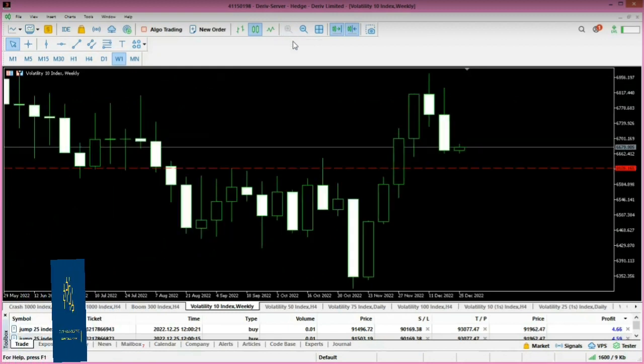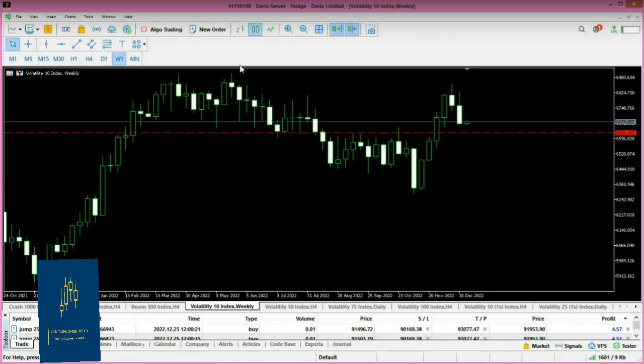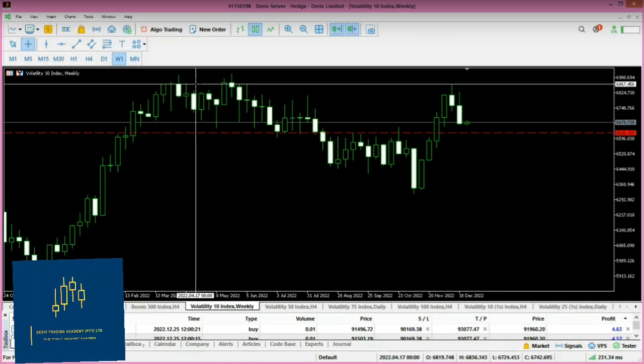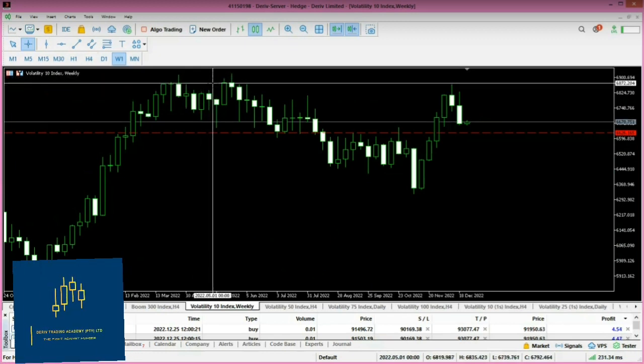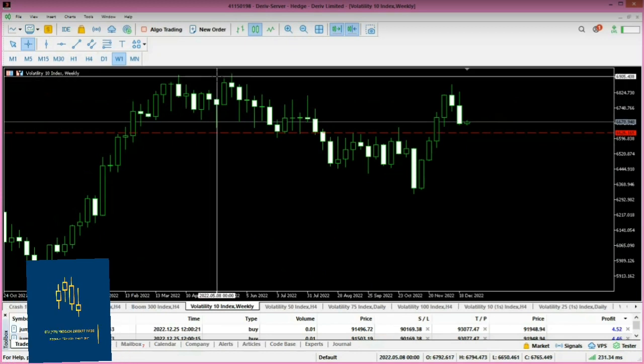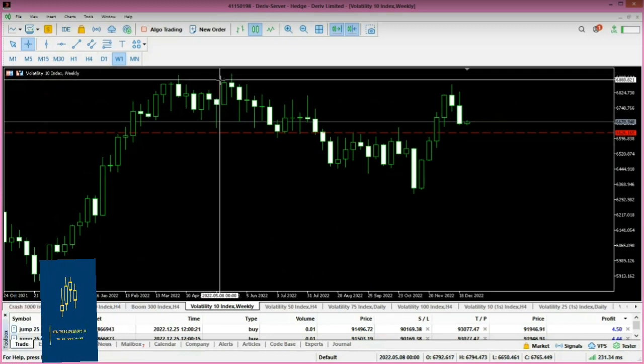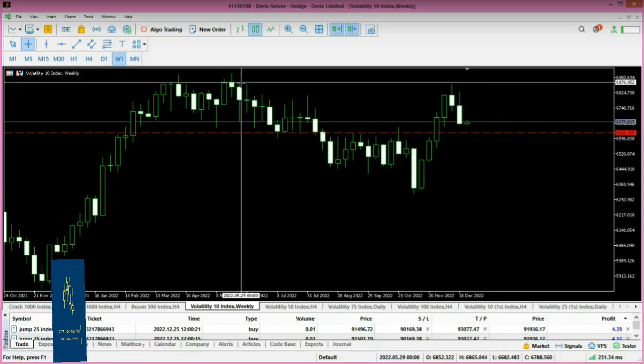As you can see, guys, this area is actually our resistance area or our third zone.